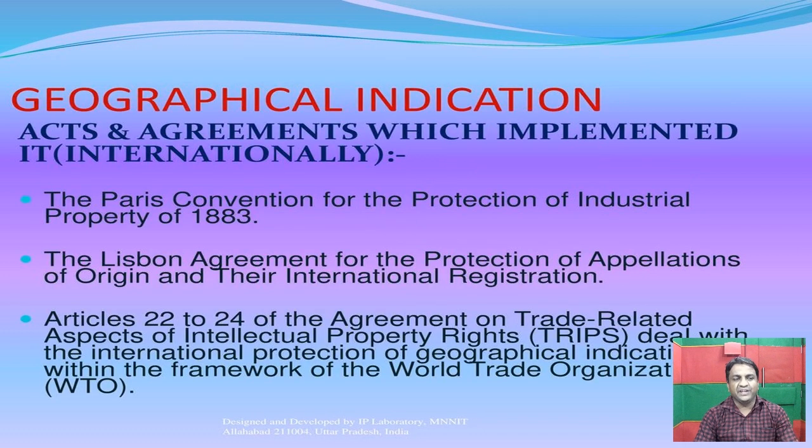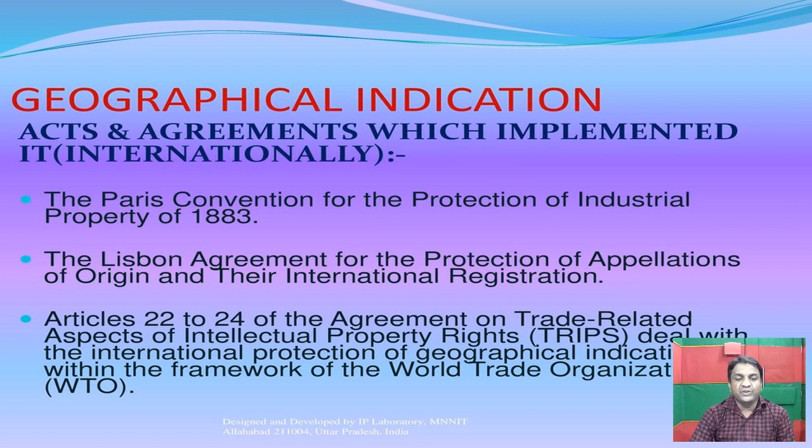Then geographical indications: the acts and agreements which are implemented internationally. The Paris Convention for the Protection of Industrial Property of 1883. The Lisbon Agreement for the Protection of Appellations of Origin and their International Registration.